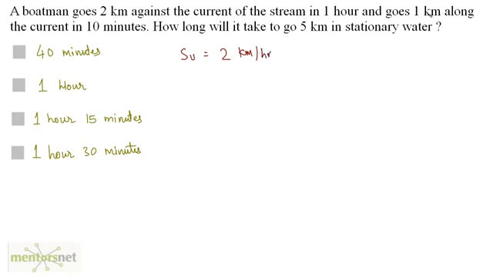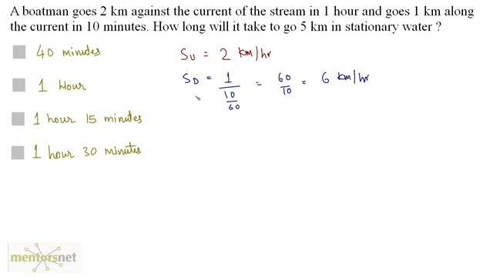And he goes 1 kilometer along the current in 10 minutes. So the downstream speed is equal to the distance 1 kilometer upon the time, which is given in minutes. Let's convert it into hours. 10 minutes is 10 by 60 hours. So 1 upon 10 by 60 is 60 by 10, and that's 6 kilometers per hour.